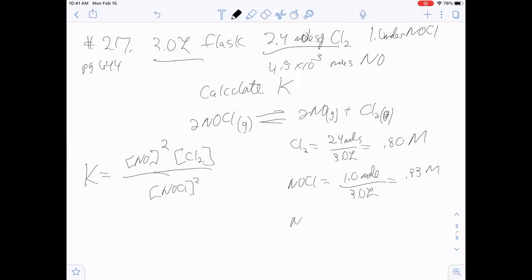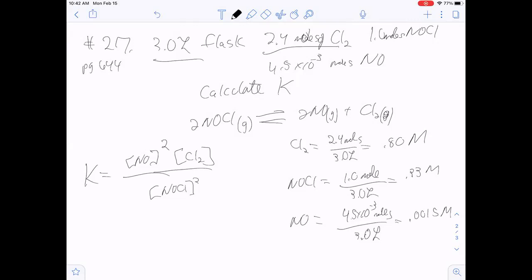And then for the nitrous oxide, 4.5 times 10 to the negative third moles divided by 3 liters, 0.0015 molar. So now I've got my 4 concentrations.